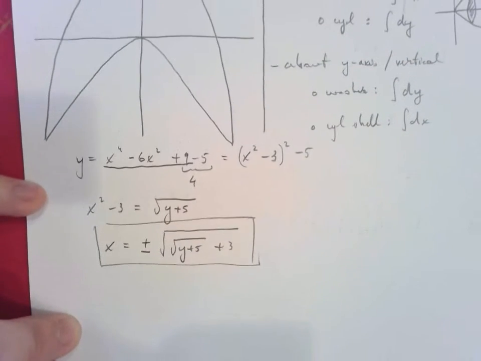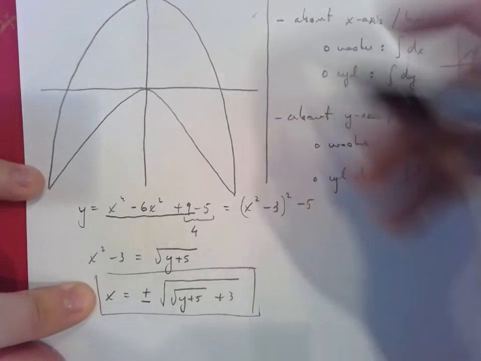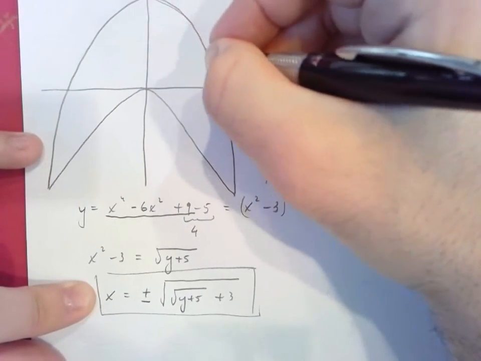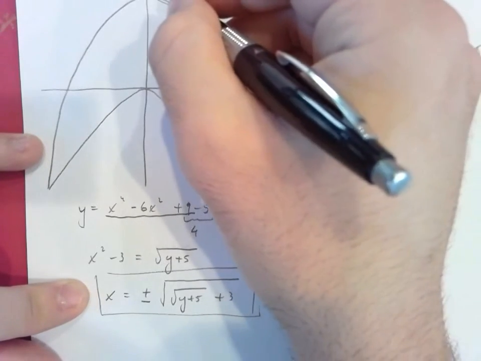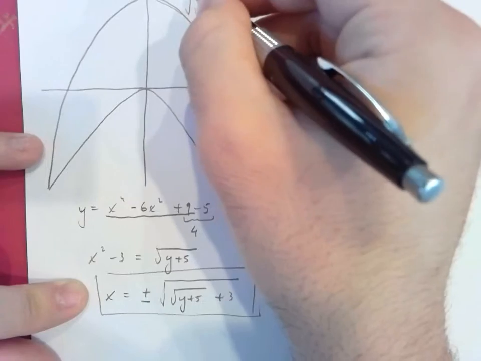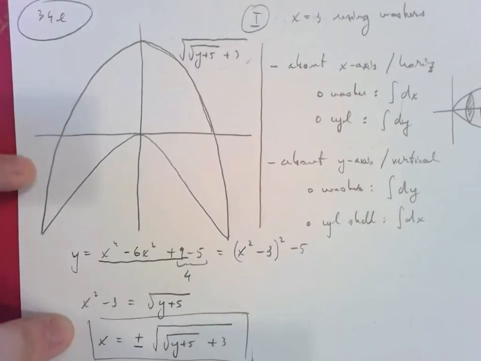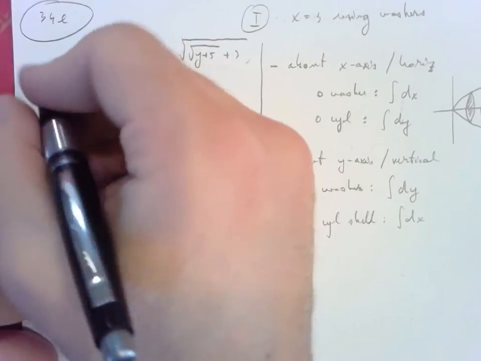Now notice this is 2 branches. This branch here is going to be the positive root, so I have plus square root of square root y plus 5 plus 3. This right here is going to be the negative root.